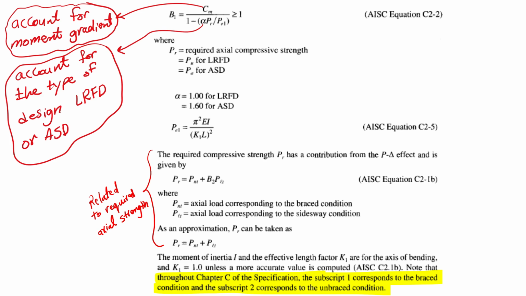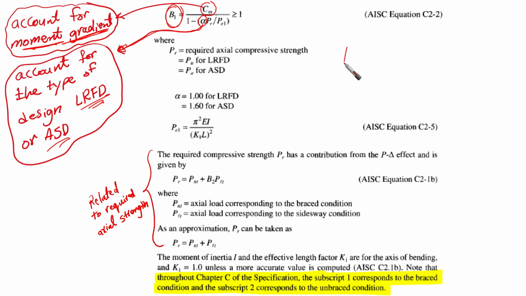Based on that, B1 is going to equal the equation that we have had before, which is related to 1 over 1 minus PR over PE1, but we are going to use two factors here. One factor, Cm, takes into consideration the moment gradient or the distribution of moment along the element, and alpha is another parameter used to account for the type of design, whether it is LRFD or ASD.